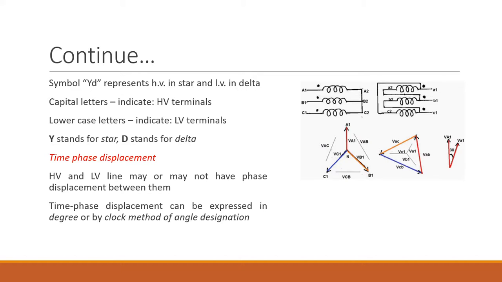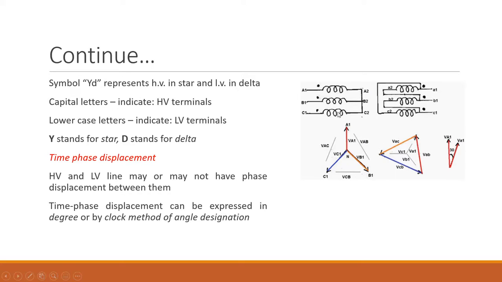Now what we are saying is that the capital Y is indicating the HV terminal, and Y is indicating it is connected in star. The small letter is indicating that it is your LV terminals, and the d is indicating that the fashion is delta. The configuration of winding, the connections of the 3 phases, is connected in delta fashion.